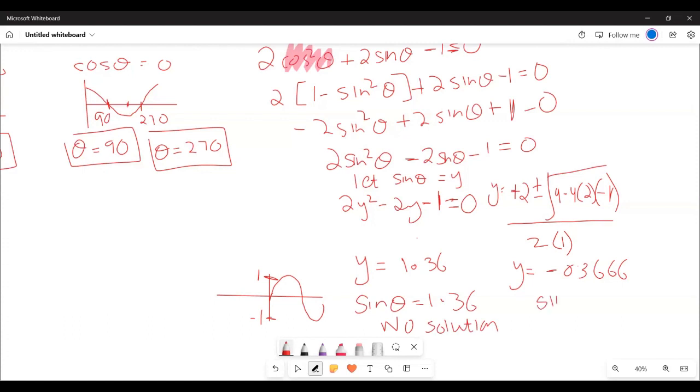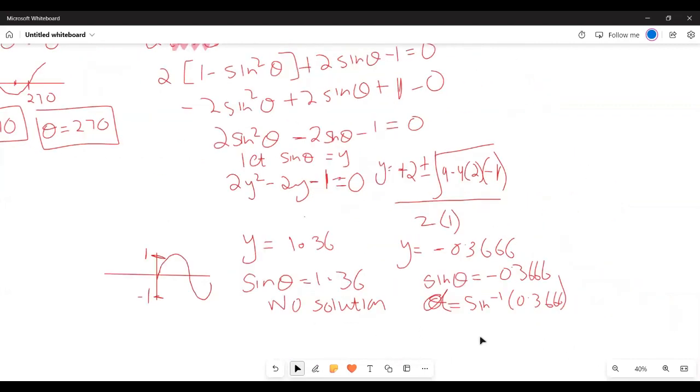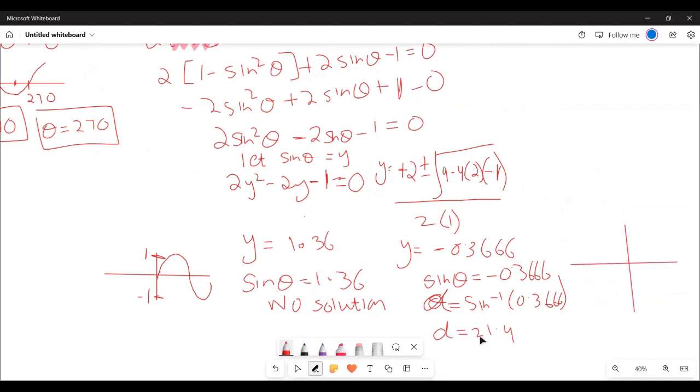And for this one, sine theta is equals to negative 0.3666. Alpha equals sine inverse 0.3666. Let's get 21.4. Sine is negative in the third and the fourth quadrants.